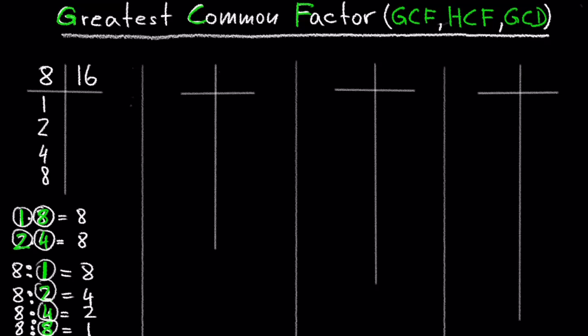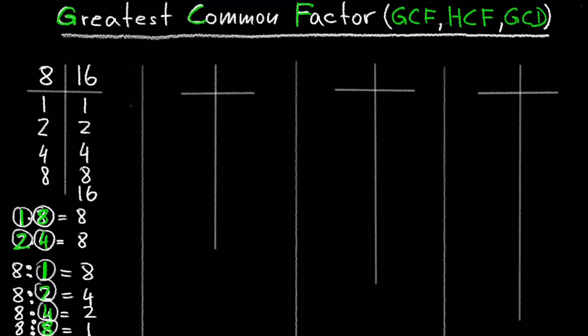Let's find out the factors of 16. 1 divides into 16, 2 divides into 16, 3 does not divide into 16 because there's no whole number which we can multiply by 3 to get 16. 4 divides into 16, 5, 6, 7 do not divide into 16, but 8 and 16 divide into 16. So the factors of 16 are 1, 2, 4, 8 and 16.